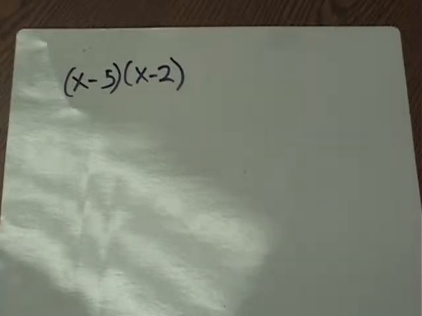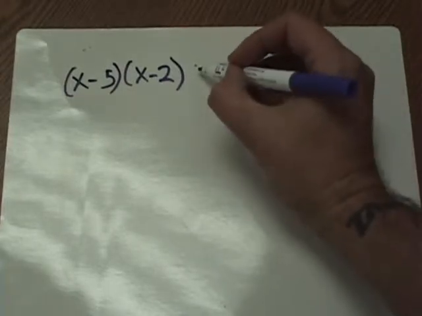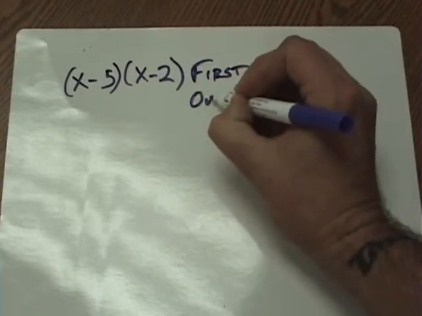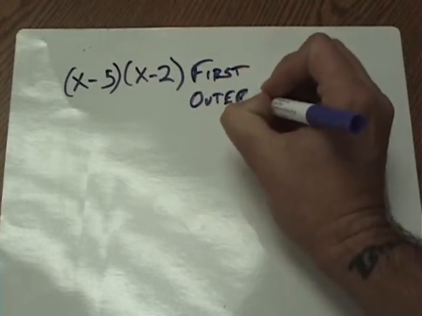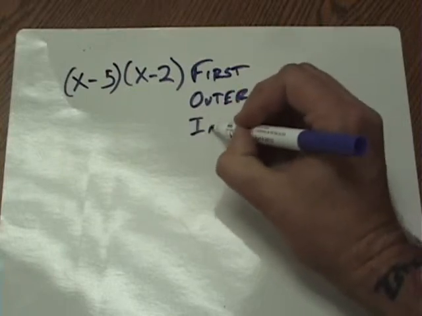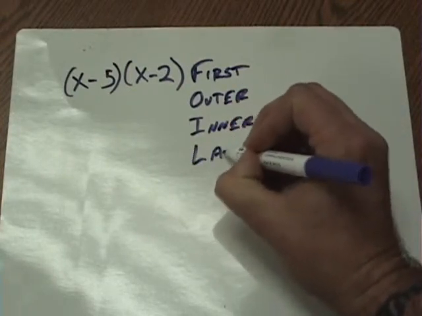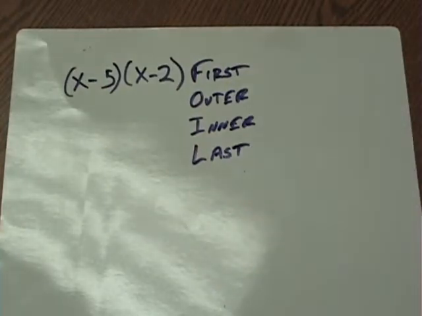So how would we just do this on paper? Well, we have what's called the FOIL method. FOIL stands for first, outer, inner, and last. This is just a handy way of remembering it.